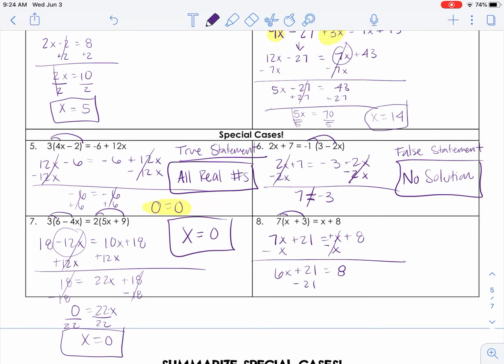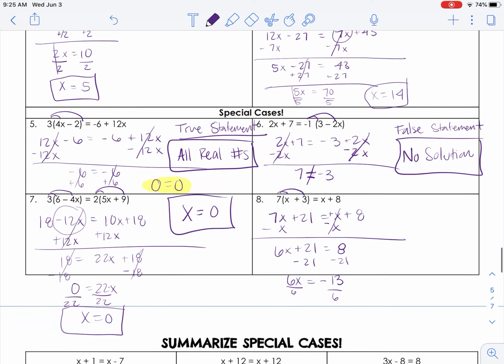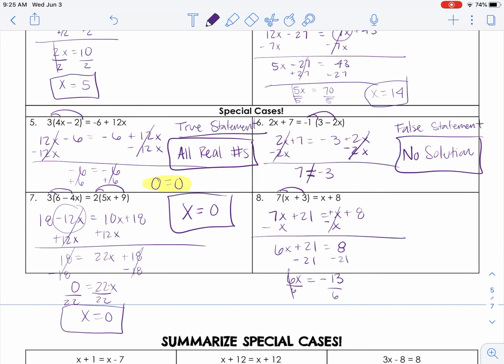We're going to undo that addition, and 8 minus 21 is going to give us 6x equals negative 13. And 6 is being multiplied, so we're going to divide on both sides. That's going to give you a pretty wonky decimal, right? Negative 13 divided by 6 is going to give us x equals negative 2.16, and 6, and some more 6s.